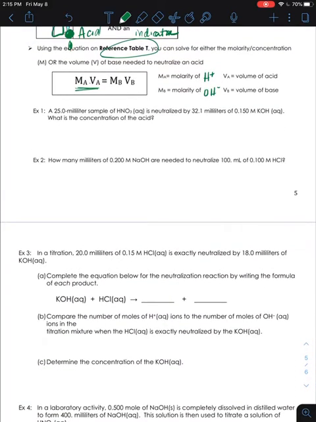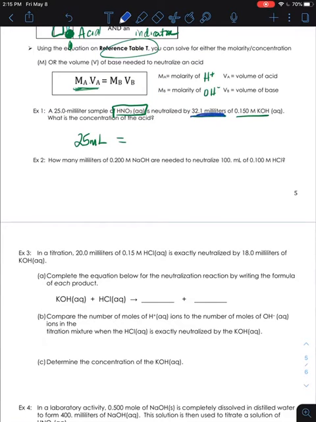Molarity, volume. This is going to be my acid. I know because I can look at Table K. And I have 25 milliliters. It is neutralized by, there's the volume, and there's the concentration. Let me just do this in a different color.